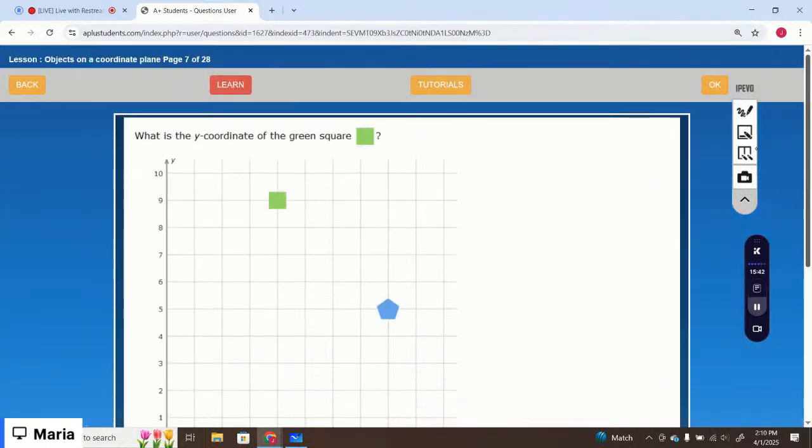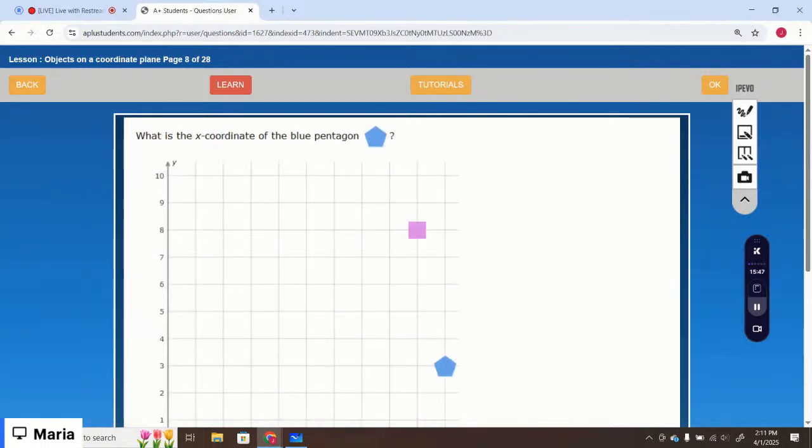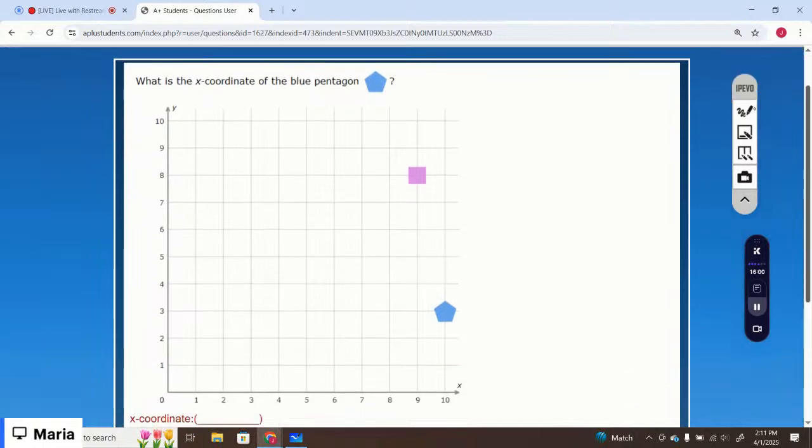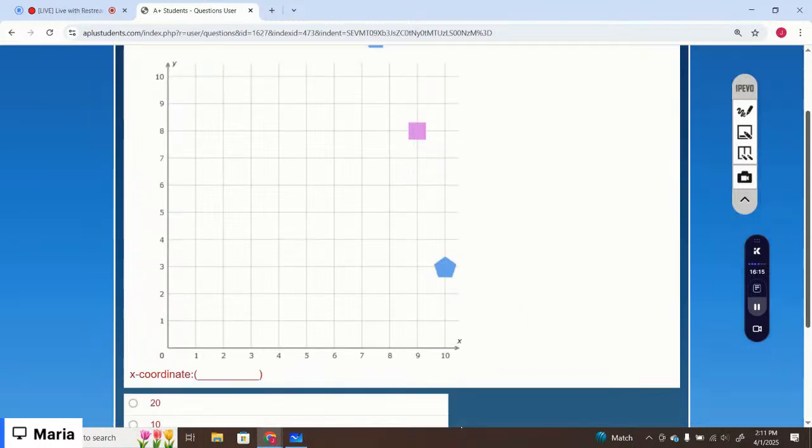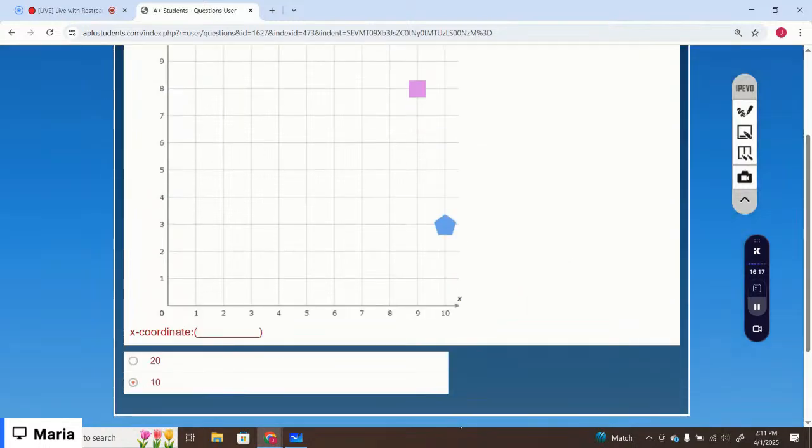Option number 2 is the correct option. What is the x-coordinate of the blue pentagon? Here is the blue pentagon. The x-coordinate is 10. The correct option is 10. Option number 2 is the correct option.